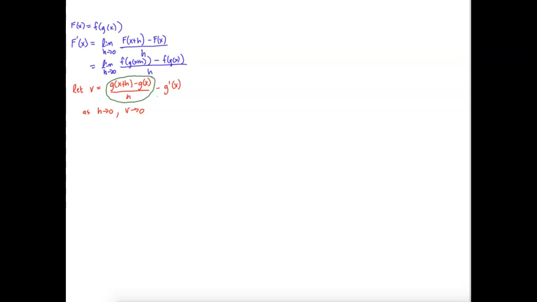All right, I'm going to do another one. It's going to seem weird, but same idea. Let's call this one w. And it's going to be f of y plus k minus f of y over k. And I'm going to do minus f prime of y.